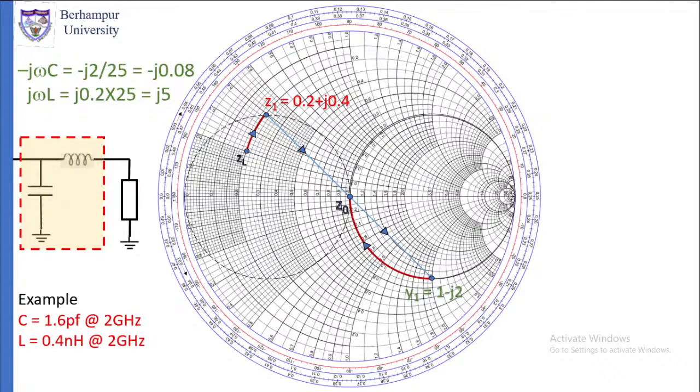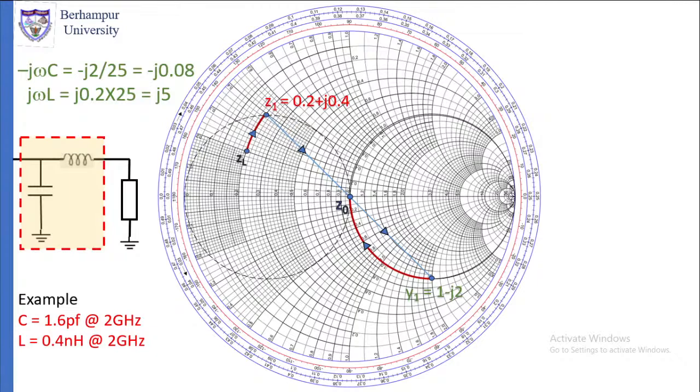Why do we use these lumped circuits instead of, as we have seen, if you have a complex impedance R plus jX, then we can use a transmission line section, then a quarter wave transformer? So why, instead of doing that, do we go for this? Simple reason is, when you look at a transmission line section or a quarter wave transformer, we are dealing with characteristic impedance.